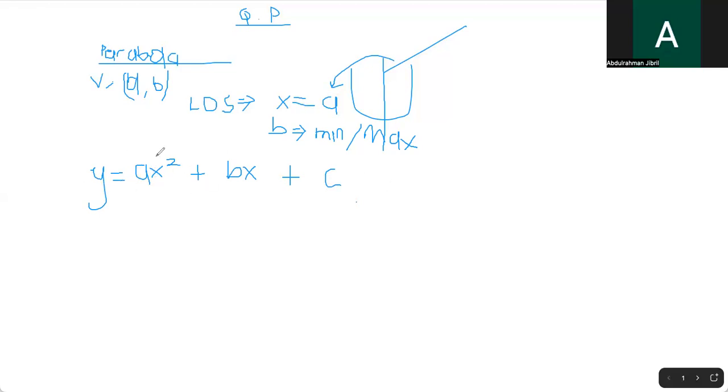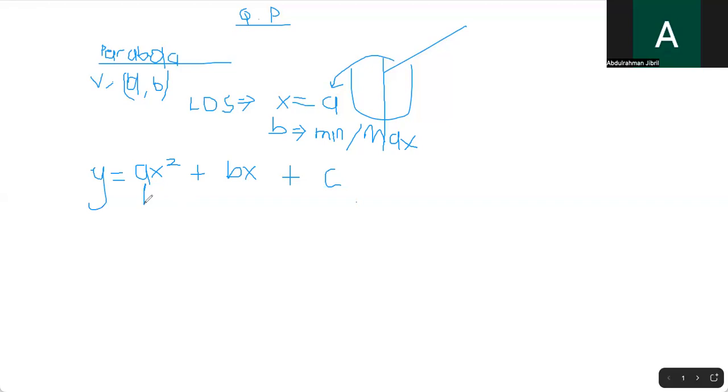We have the vertex form, which we'll talk about later, and then you also have the factored form. So we have three forms in which you can present the equation of a parabola. Now, with this, the first thing you should know is that the a here provides us with two key ideas.